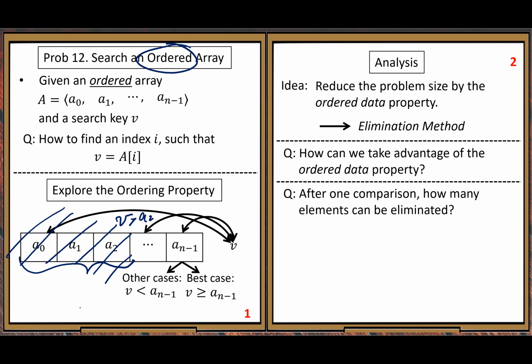When V is less than A sub n minus 1, you only eliminate the last element. So you have two unbalanced cases: extremely good and extremely bad. But the extremely bad has a much higher probability. So if you do the weighted average, with high probability, you need to multiply that probability as the weight.